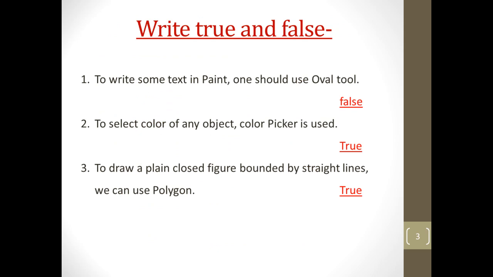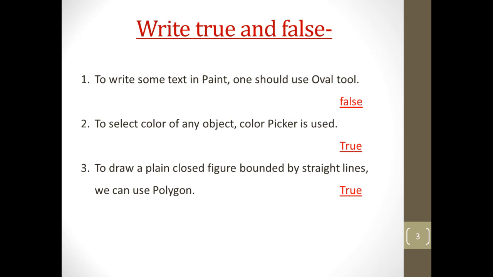First option is to write some text in Paint, one should use oval tool. Answer is wrong, because to write some text in Paint, one should use text tool. So this option is wrong and answer will be false.